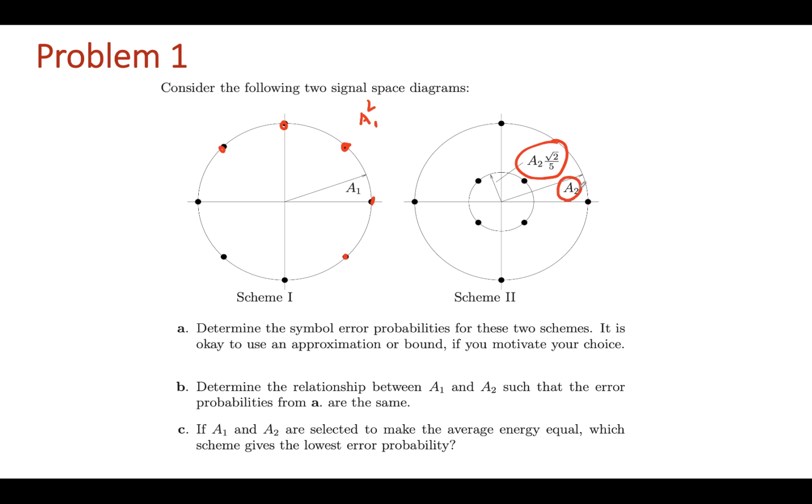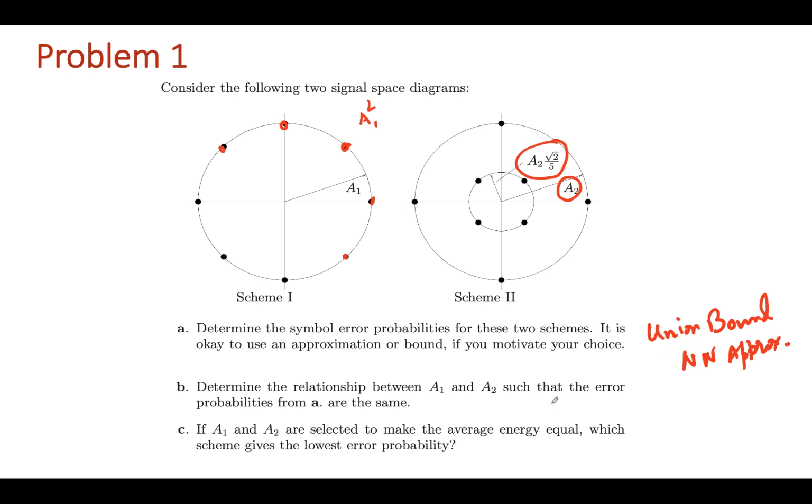Okay, so now the question is determine the symbol error probabilities for these two schemes. It is okay to use an approximation or bound if you motivate your choice. So the clue here is that you can use either the union bound or the nearest neighbor approximation that I have taught you, and you can use both of these or any one of these.